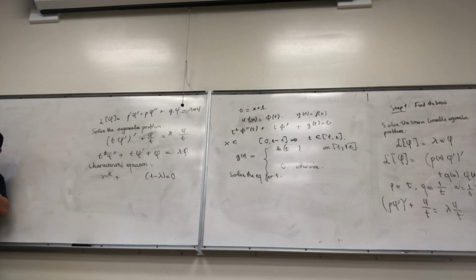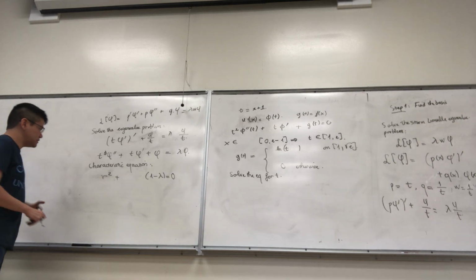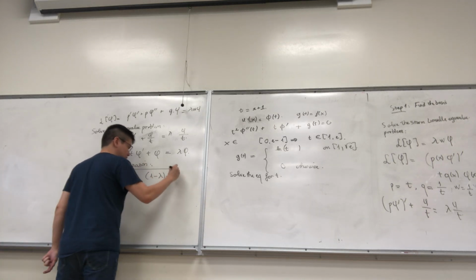Why do I have this 1 minus? Because the T to the first term is going to be A minus B, or B minus A, and both A and B are 1. All right, so now you have this characteristic equation.